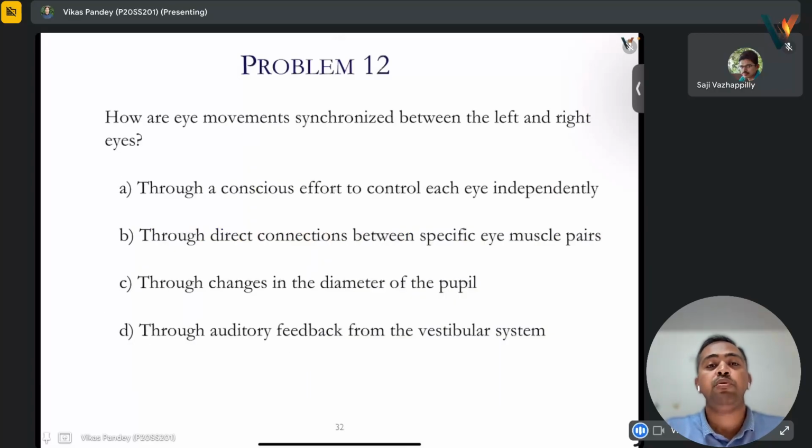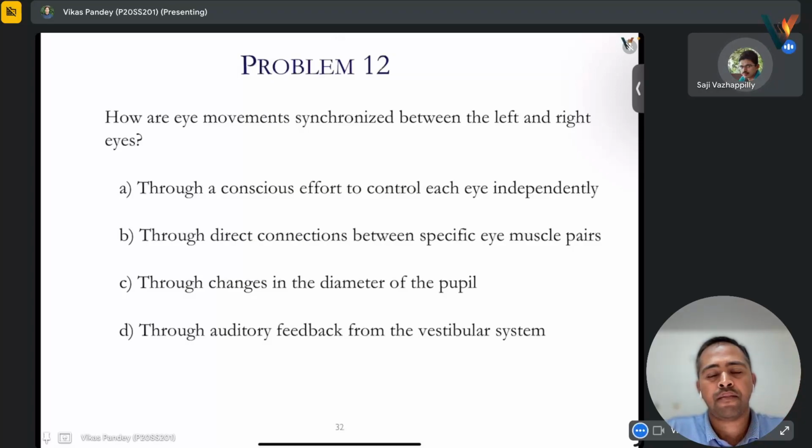Then, how are eye movements synchronized between left and right eyes? There is a conscious effort to control each eye independently. There is a direct connection between specific eye muscle pairs. Through change in the diameter of the pupil. Through auditory feedback from the vestibular system. It is D, sir.